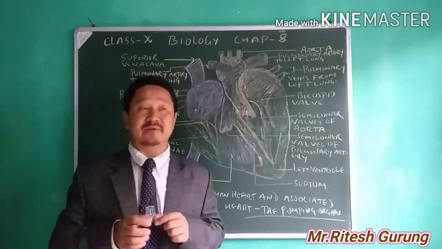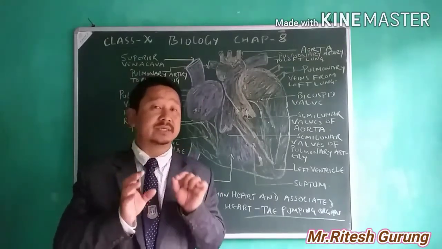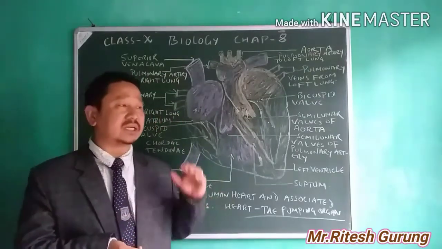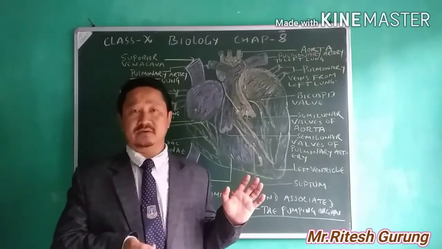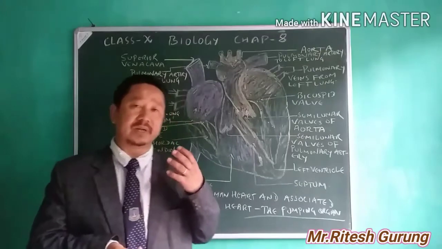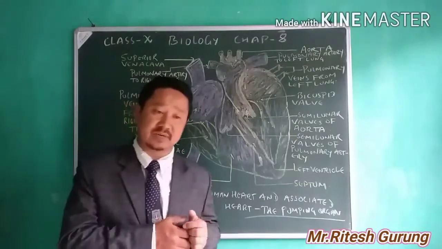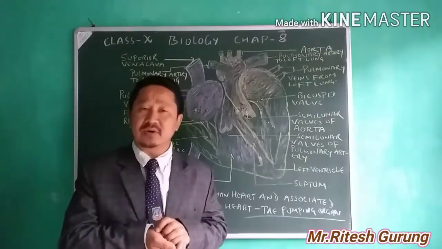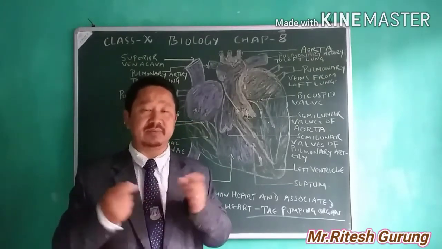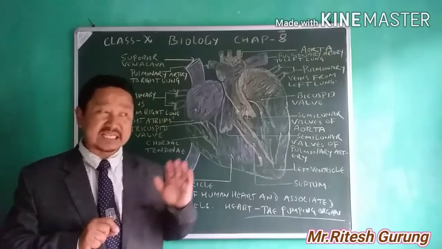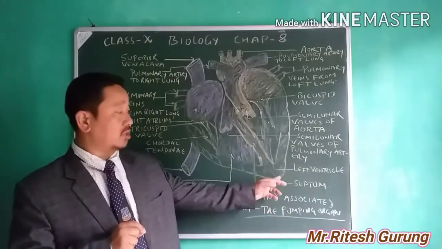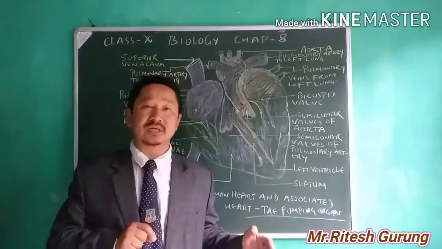Just above the diaphragm there is the heart, and it is slightly tilted towards the left side. People usually think that the heart is on the left side, but actually it is in the central region of the chest cavity between the two lungs, but slightly tilted. Usually the pointed end down there is slightly tilted towards the left side.